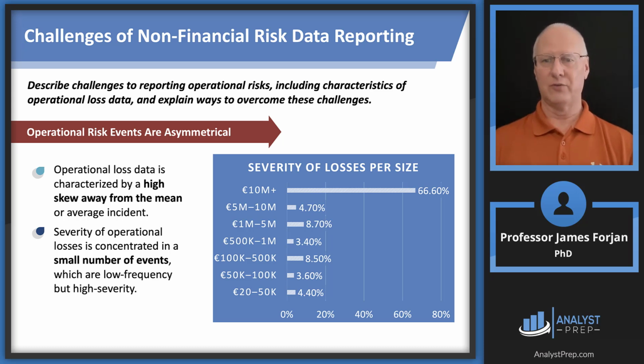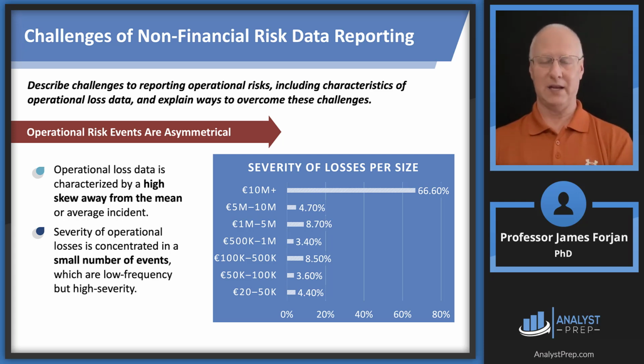So severity of loss per size, so 10 million euros or greater makes up about 2/3 of the losses for financial institutions. And then if you look down, 5 to 10, 1 to 5, $500,000 to 1, keep going down. I'm not going to say that those are about the same, but they're clearly almost about the same.